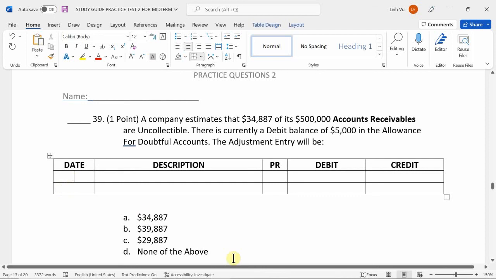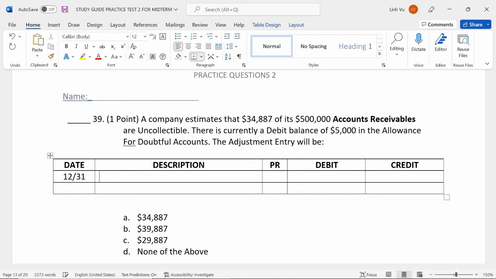Once again, we're assuming it's December 31st. The first thing we need to recognize is this is going to be a bad debt expense because it's the end of the year and we're making an estimated amount. And it's going to come from the allowance for doubtful accounts.